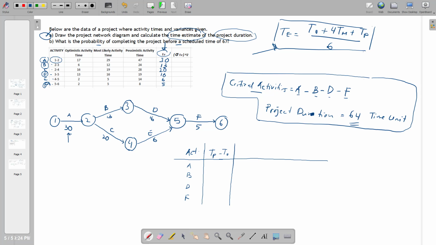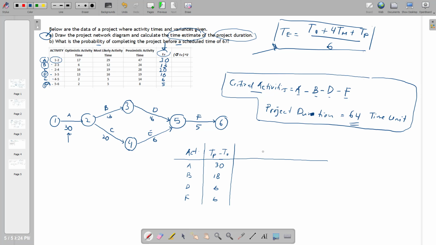For activity A, it is 47 minus 17, which is 30. For activity B, it is 18, correct? Correct me if I'm wrong. For D, 19 minus 13, which is 6. And for the last one, 8 minus 2, which is 6 as well.